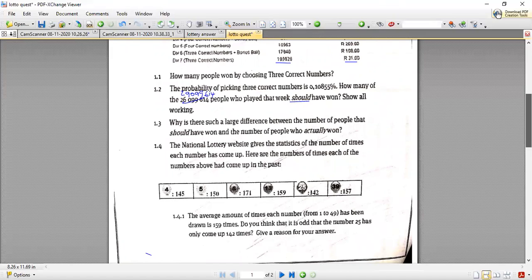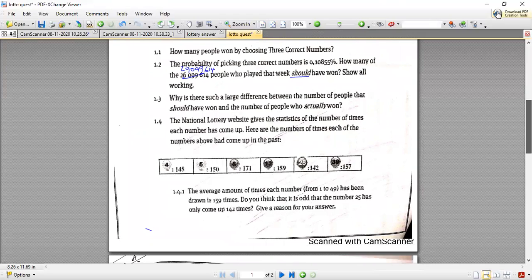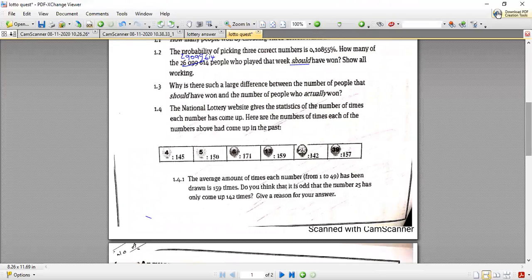So in 1.3, they asked why is there such a large difference between the number of people that should have won and the number of people who actually won. That goes back to saying that theoretically, our probability outcome may not be the same as the experimental outcome, like this lottery, where there's 29 million entries.